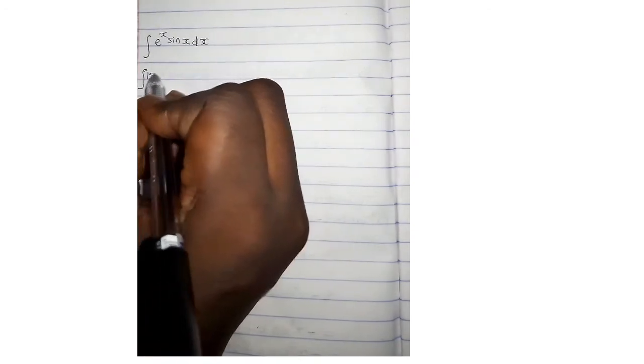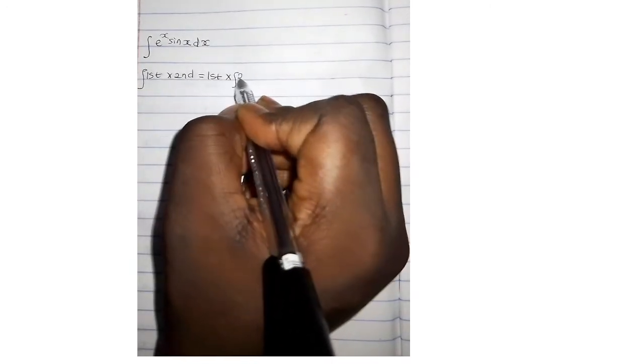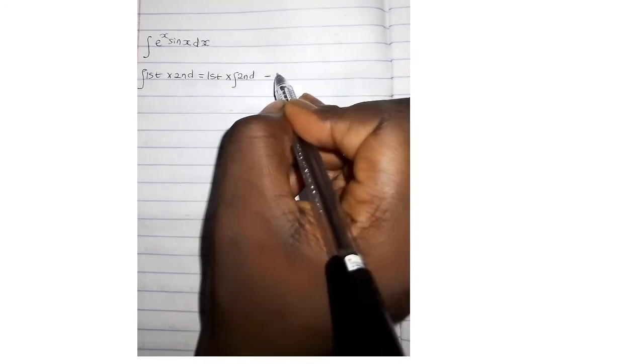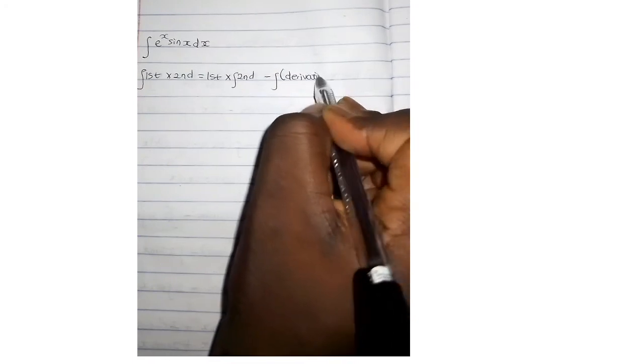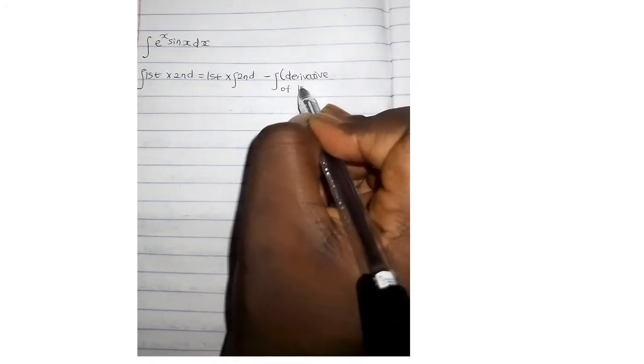Alright, now looking at this function, the integral of exponential x sine x dx. Alright, now the formula is giving us the integral of the first multiplying the second, which is equal to first multiplying the integral of the second, subtracting the integral of the derivative of the first, multiplying the integral of the second.